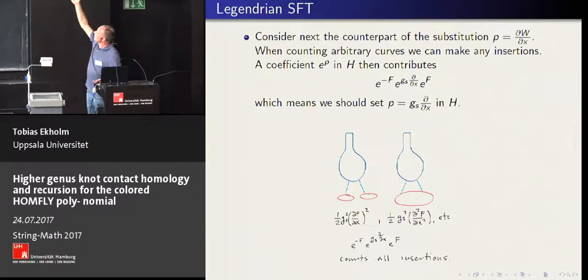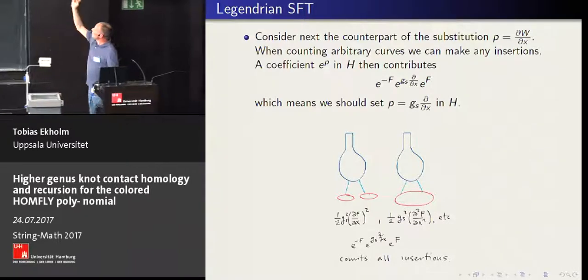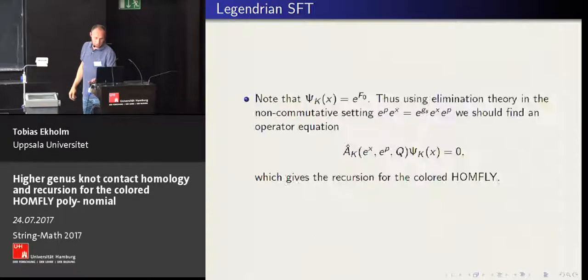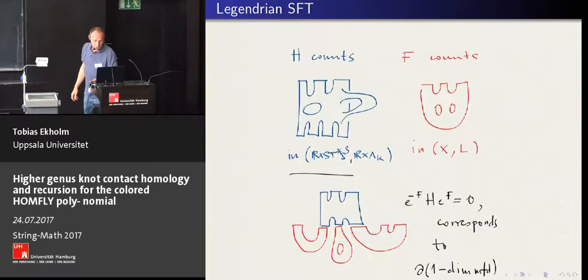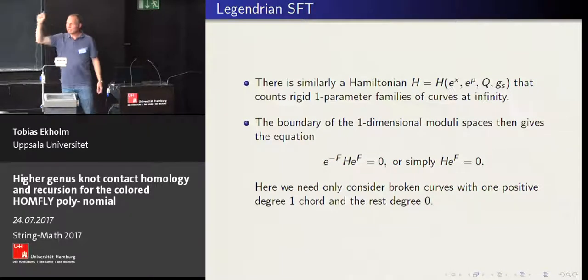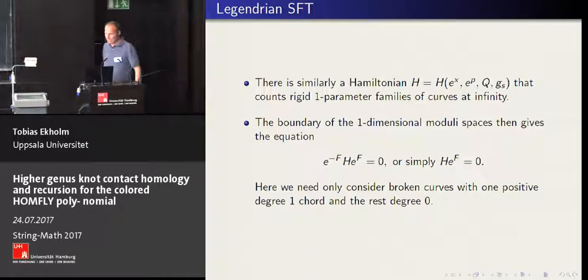So anyway, now what we learn is that if we can cure this boundary splitting problem, then if we take this h and substitute inside h e to the p by e to the Planck constant d/dx, then we should have that this equation holds.